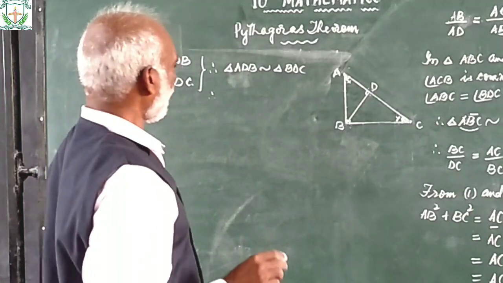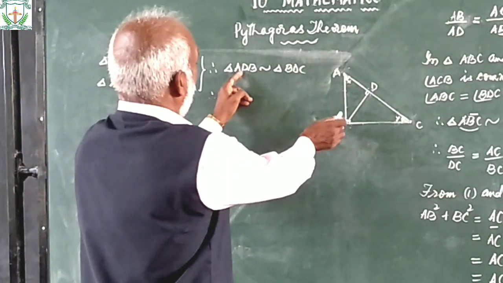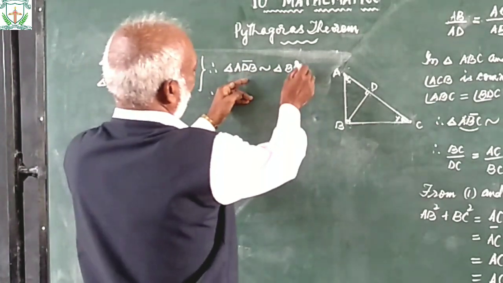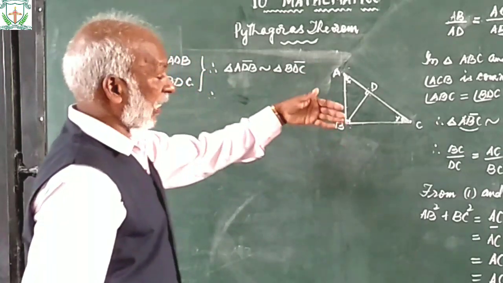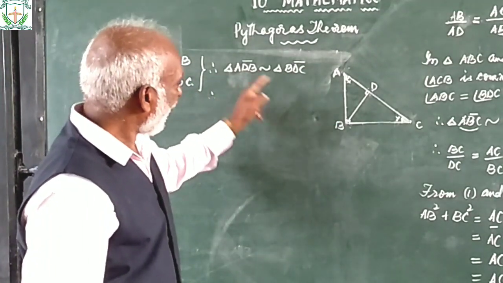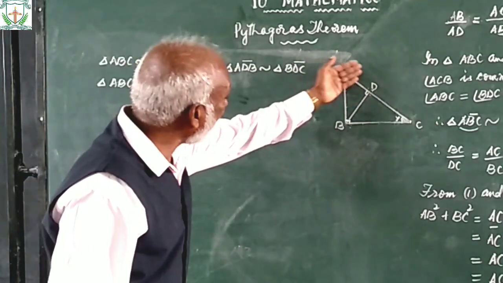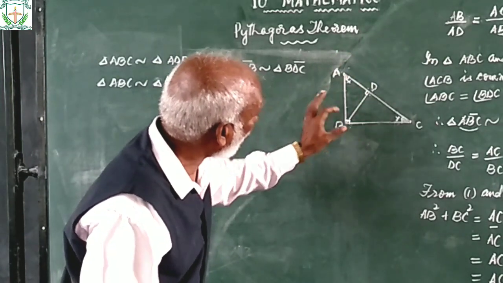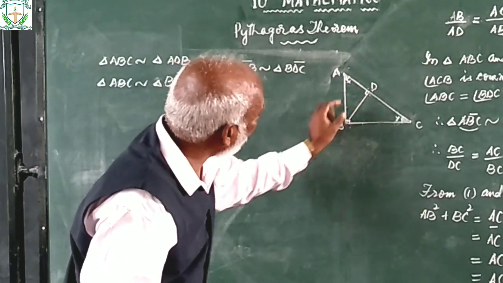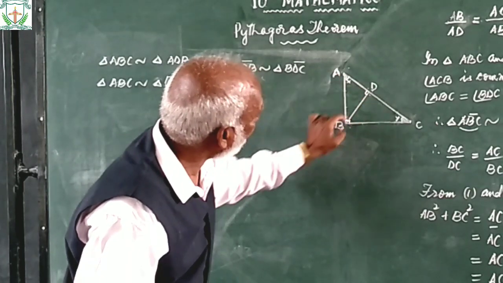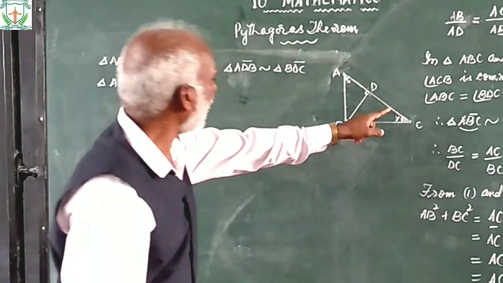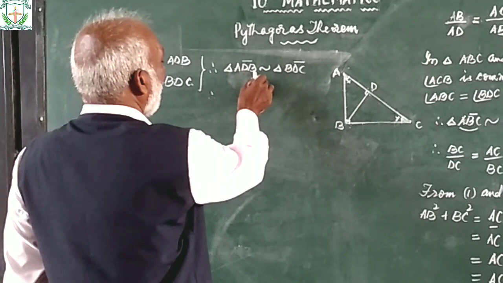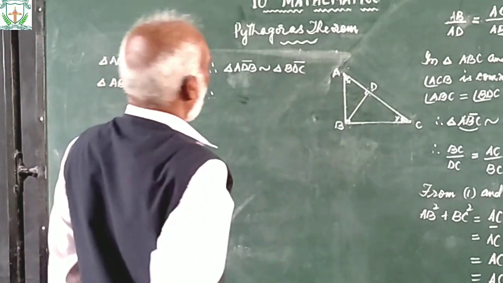Therefore, I'll take this BD. Here it is similar, corresponding sides. For BD, what is the corresponding side of this triangle? If you see the size of the triangle and the proportionate length of the sides, in this triangle, this is the second longest side. Here, in this triangle, it is DC. This is the second longest side. So, BD, here it is BC.